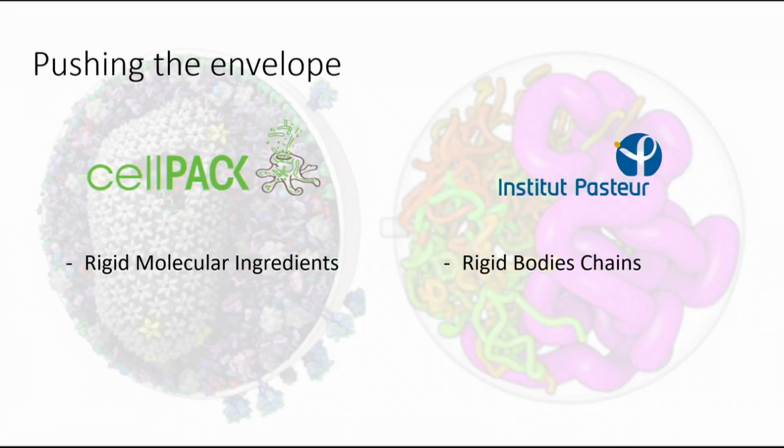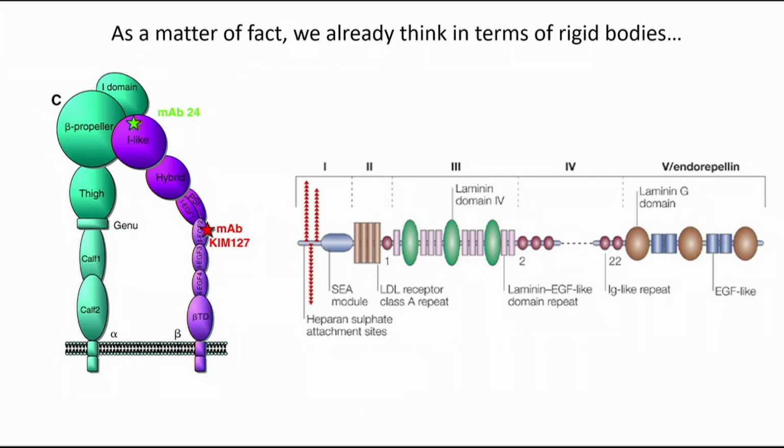The idea there is to simply fuse the two concepts together. Instead of having just rigid molecular ingredients on one side and rigid body chains on the other, we would like to have rigid molecular ingredient chains. And as you are going to see from the next slides, it's not as far-fetched as it seems.